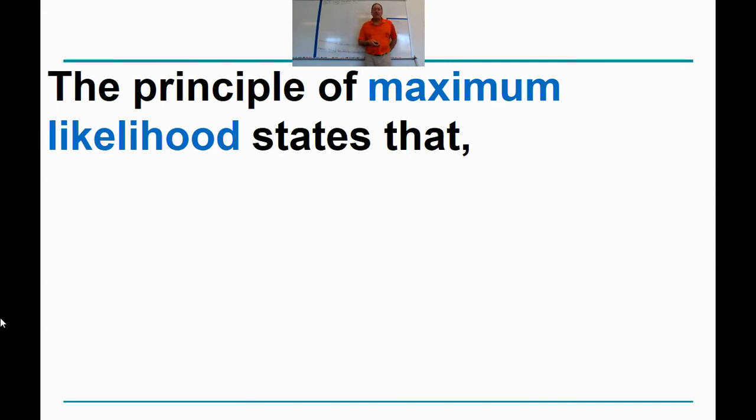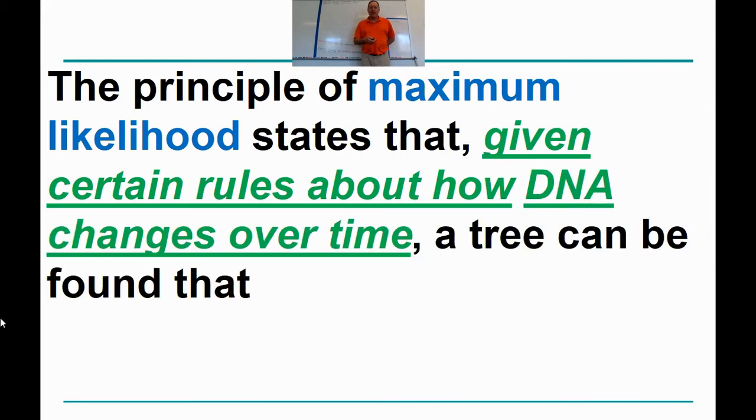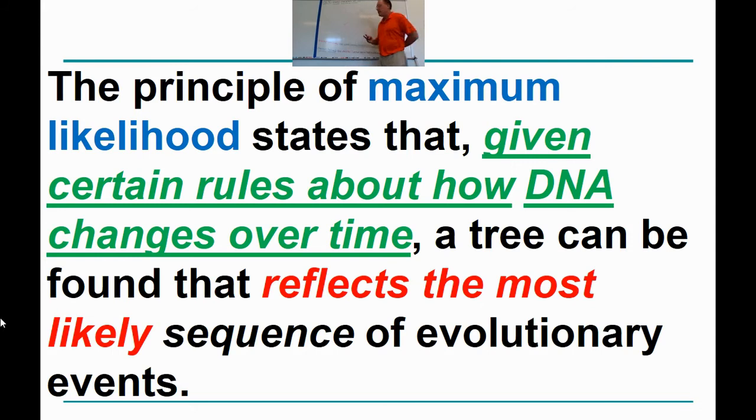I get it. The principle of maximum likelihood states that given certain rules about how DNA changes over time, a tree can be found that reflects the most likely sequence of evolutionary events. The idea is we know that DNA replicates through the S phase of interphase in preparation for cell division, and we know that DNA mutates at a constant rate.